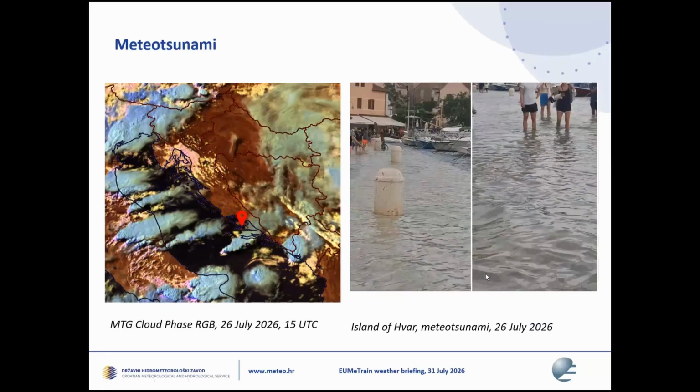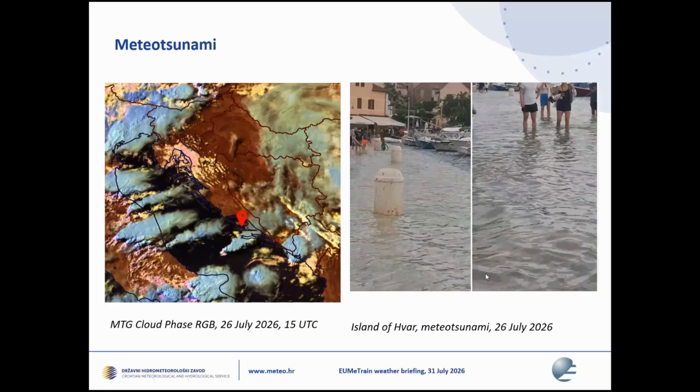As you can see in the pictures, we had a meteotsunami. The intense storms that I mentioned were still intense above the sea, but not at the coast. And events such as meteotsunamis are actually quite rare.